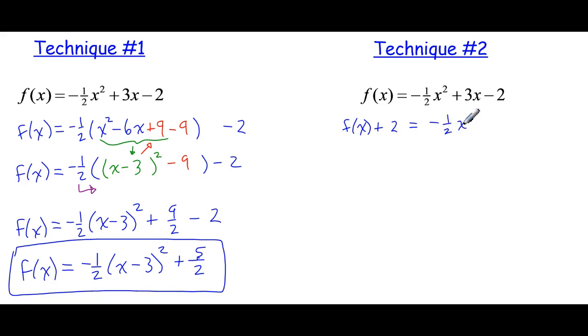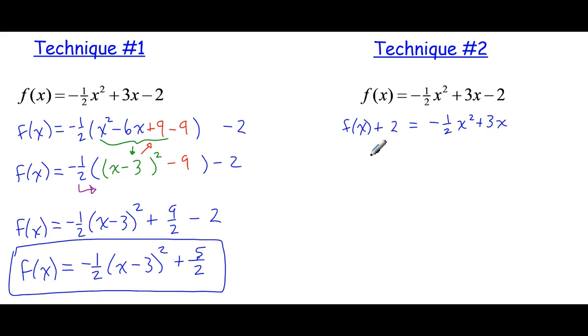And the thing that's weird about this is you have never before ever dealt with f of x like this. You've never touched that side of the equation. It's always felt sort of like off limits, like you're not allowed to go there. But you're actually totally allowed to go there. You can move things to that side of the equation as long as when you're done you have f of x by itself, you're okay.